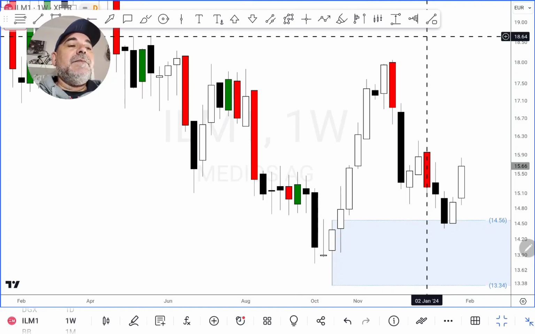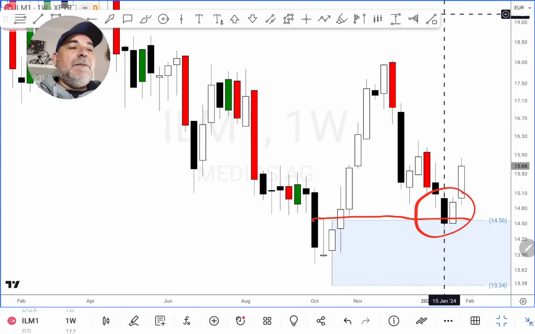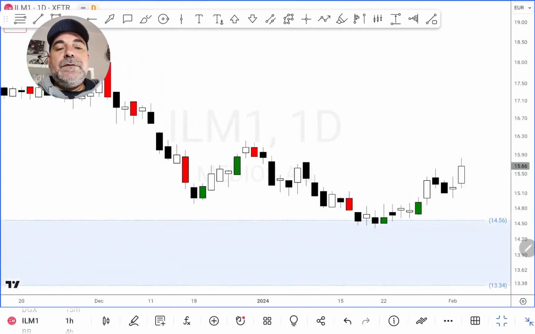So when price reaches that weekly demand level, you can say, okay, now that I am there and I don't want to hold a long position here for a long time, I just want to scout the market or apply any kind of trading strategies, price action, supply and demand, or EMA crosses, indicators, oscillators, whatever you want. Then you can go to the smaller time frames. Let's go to the 1 hour chart.